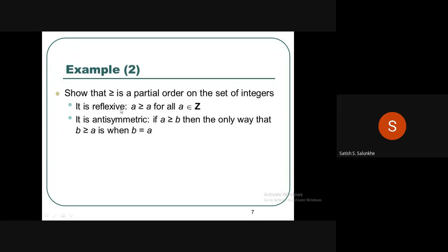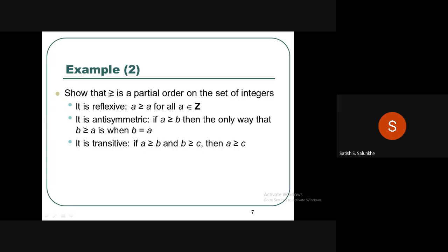Coming to antisymmetry, if A is greater than or equal to B, then the only way that B is greater than or equal to A is when B and A are the same. So it satisfies the antisymmetric property as well. And transitivity: when A is greater than or equal to B and B is greater than or equal to C, obviously A is also greater than or equal to C, so transitivity is also satisfied.